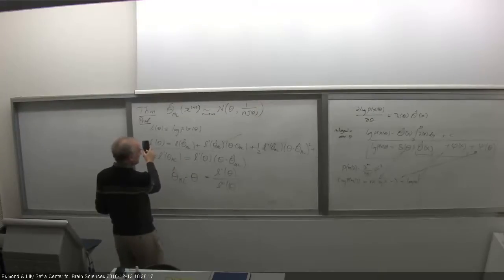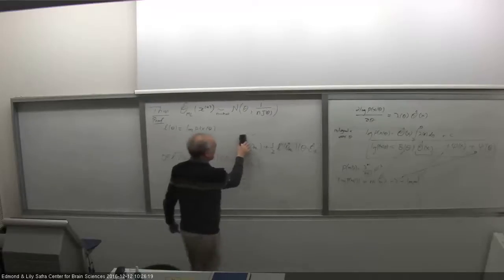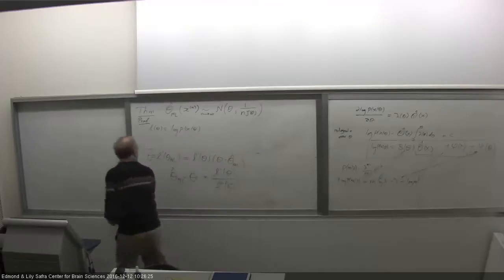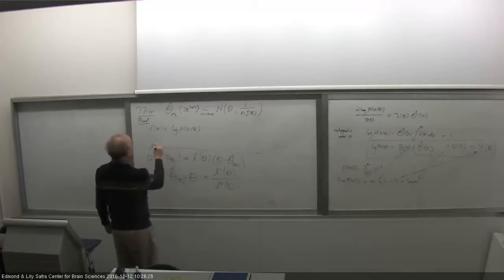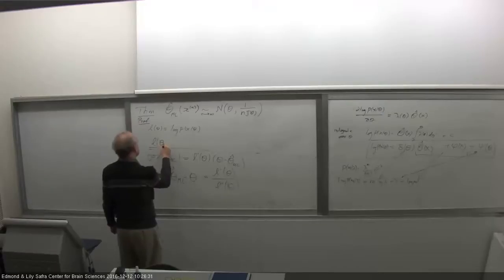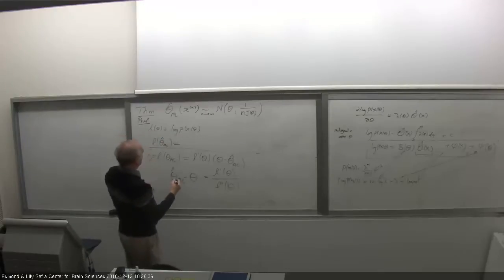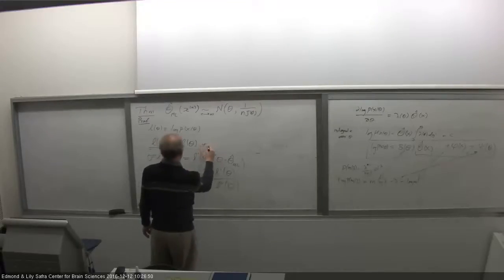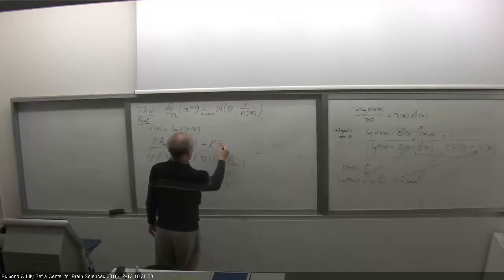So rather than writing this, it's always confusing, sorry. I expand l of theta ml in a Taylor series around theta. So this is l of theta plus l prime of theta times theta minus theta ml.